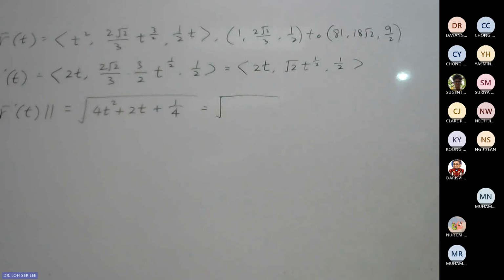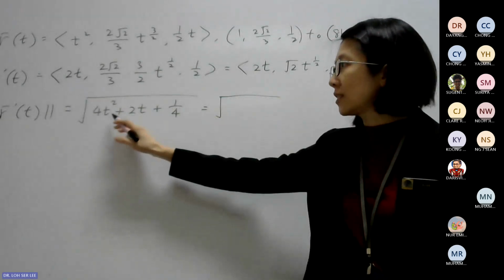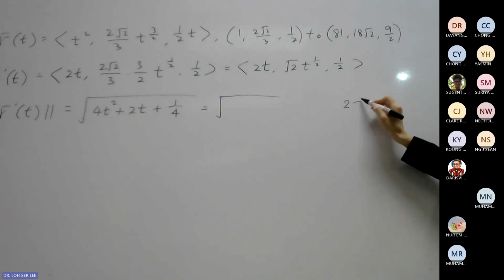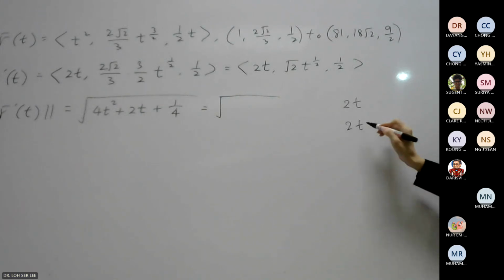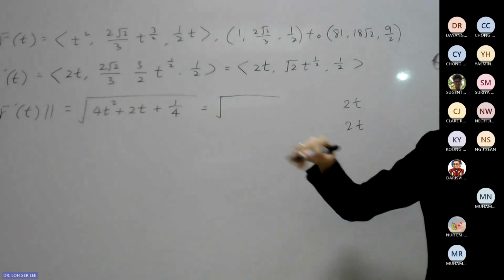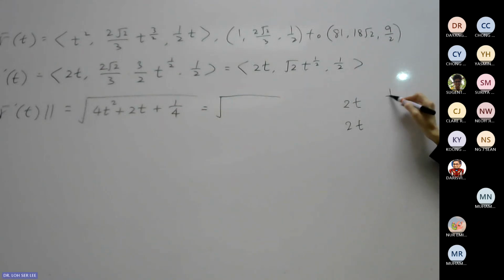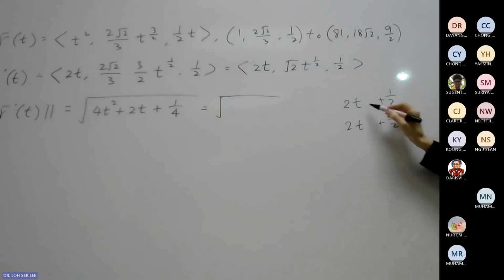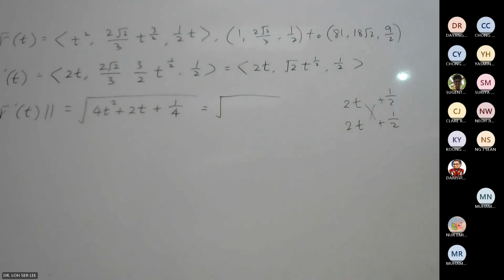Okay, so now we want to factorize. So 4t squared can be 2t times 2t. And 1/4, we can have 1/2 times 1/2. Plus, plus. So when you multiply 2t by half, you get t.